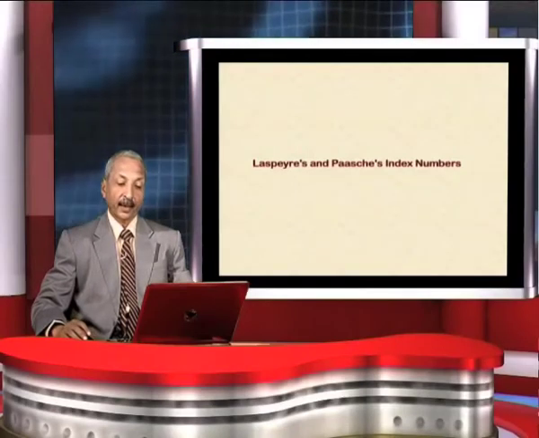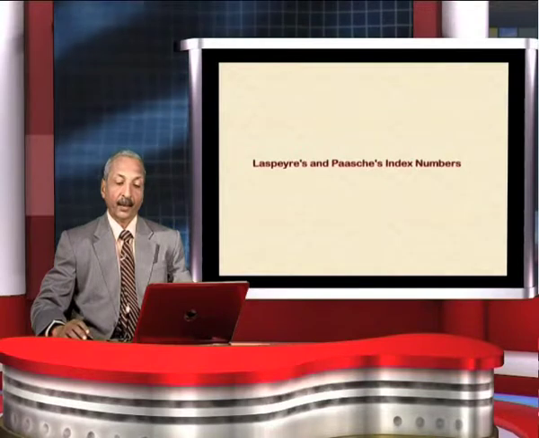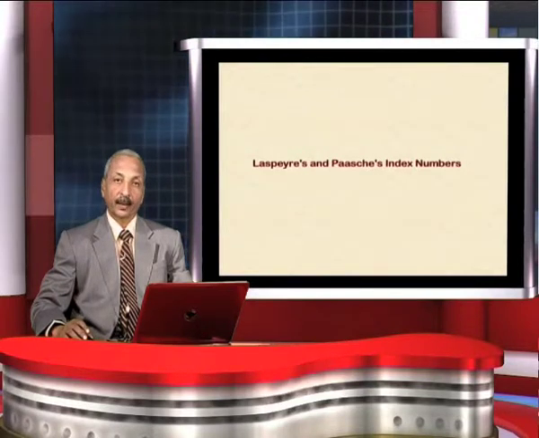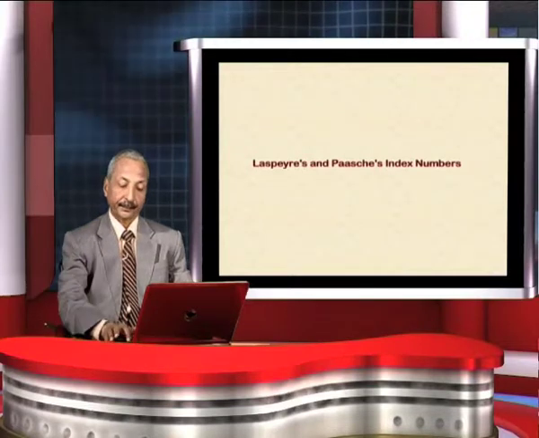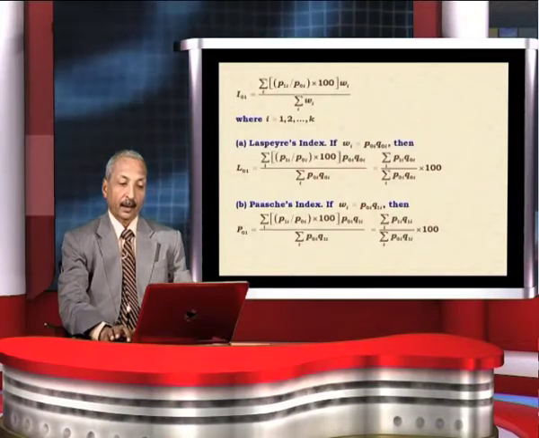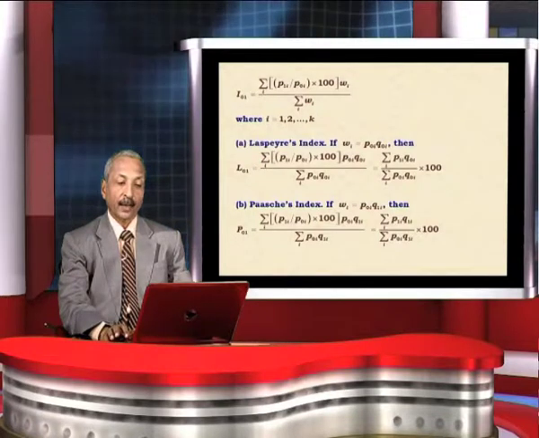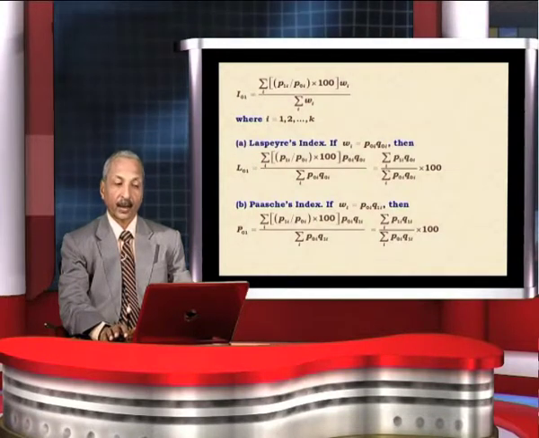Now, first we shall discuss Laspeyres and Paasche's index numbers and see how these index numbers are constructed. First we shall discuss in general how a weighted index number can be constructed.